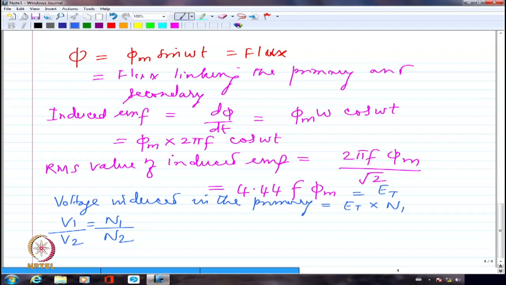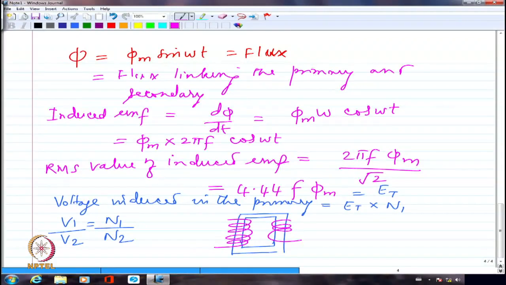So let us now look at what happens when a transformer is connected to a load. Let me first represent a transformer on no load condition. This is my core, and I am showing as though the primary is wound here and the secondary is wound here, right?